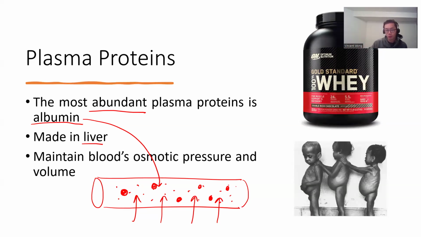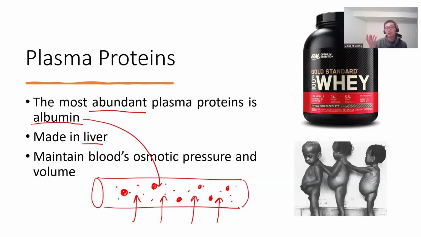So if you think about kids who are malnourished, you might see these pictures in World Vision posters or something like that, right? One of the characteristics of these kids is that they have a big belly, big tummy. They are skinny everywhere except for the tummy. And the reason for that is because when they are malnourished, that means they don't have enough proteins in the diet, for example.